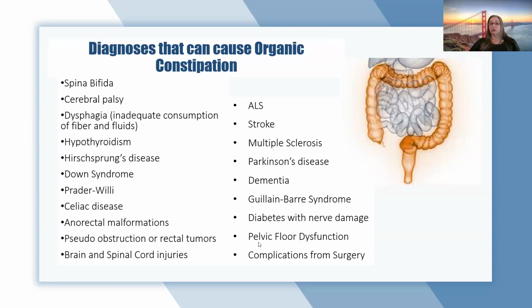There's also a condition called pelvic floor dysfunction, which has to do with the individual's ability to relax the muscle that holds this part. I don't know if, hopefully you can see my arrow, but there's a muscle right here. It's kind of like a sling, and the bowel kind of goes over it.